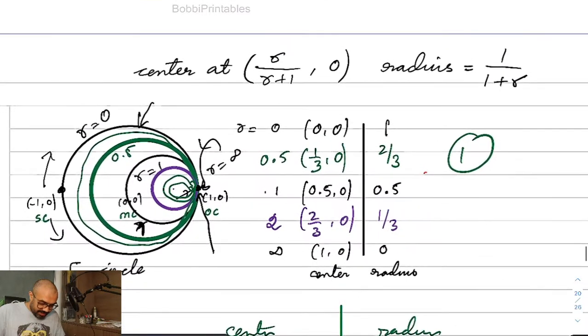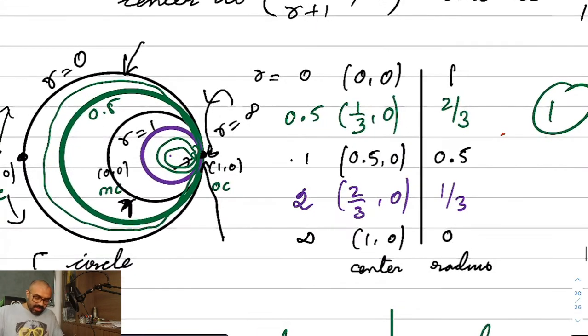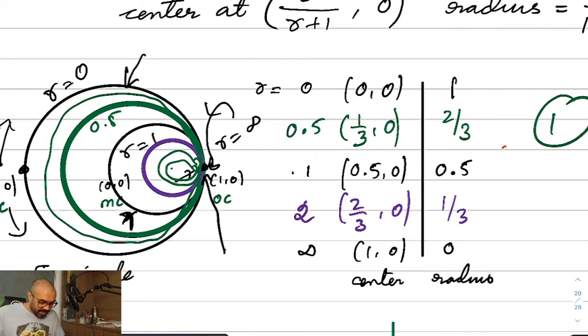So the first set of circles, the R circles, just take some examples. Here I've taken 5 examples. If I take r as 0, center will be at 0 comma 0, radius will be 1, which is the unit circle as I've marked here. If I take r as infinity, center is going to be at 1 comma 0, and radius is going to be 1 by infinity, which is 0, and that is simply the point 1 comma 0.